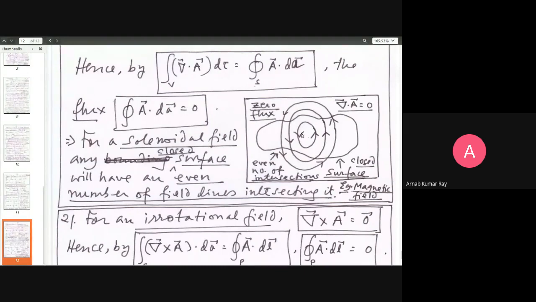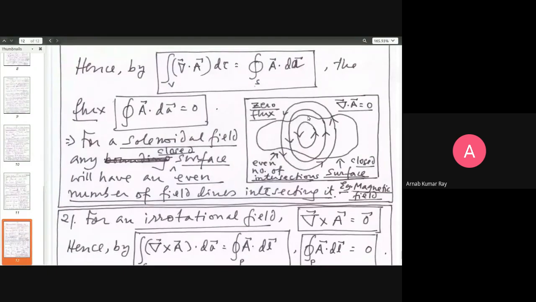Try to understand this point carefully: either a particular field line will not cross the closed surface at all. This rough, uneven figure is the closed surface. It doesn't have to have any symmetric geometrical shape.